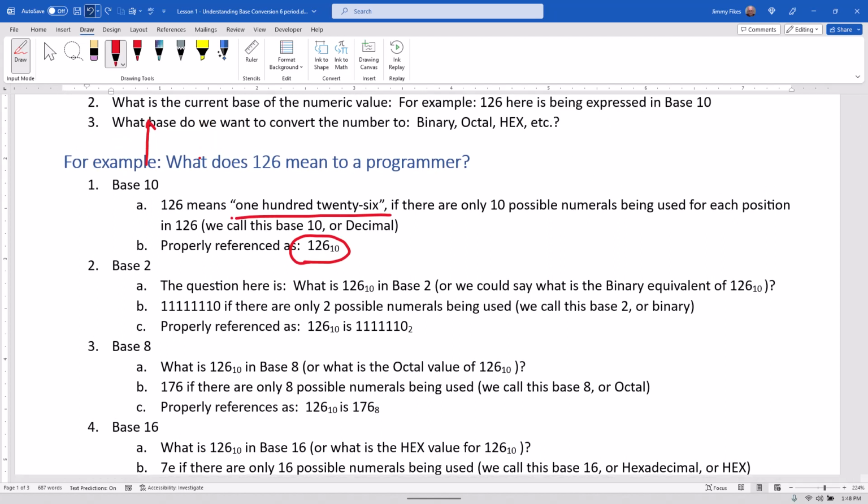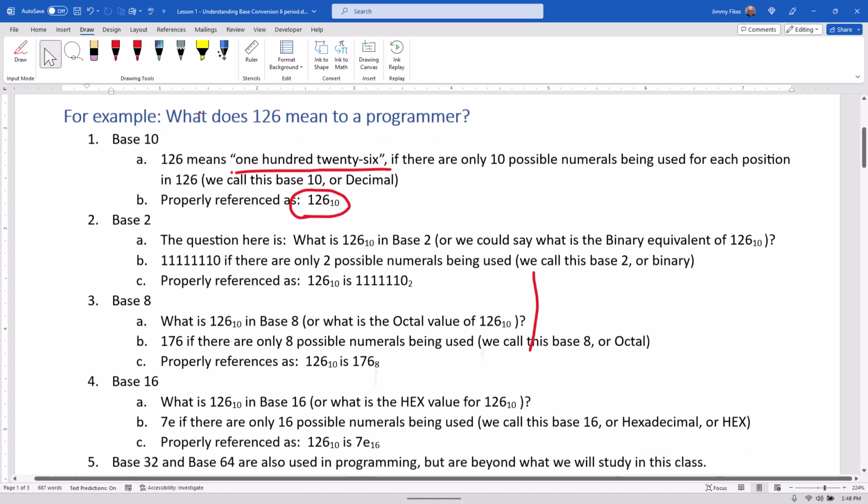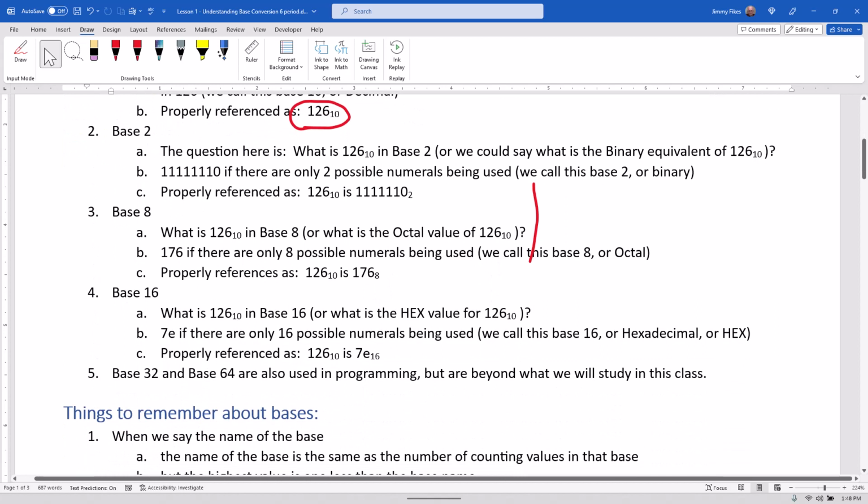All right, moving on, we have looked at what 126 means in base 10. Come down, so in base 2, 126 in base 10 is 1111110.